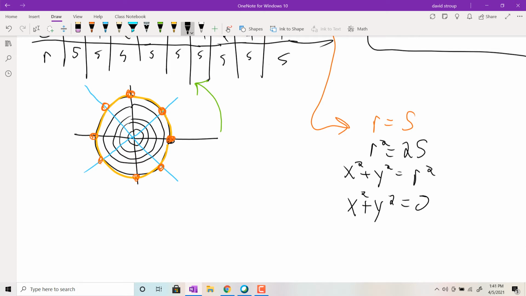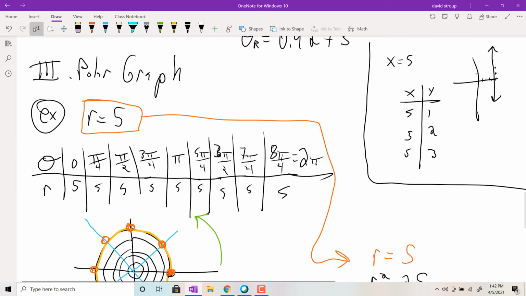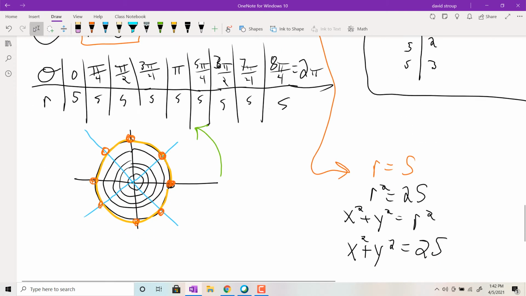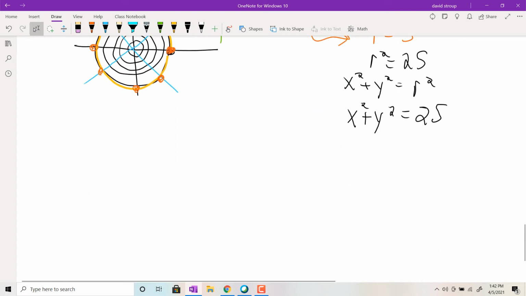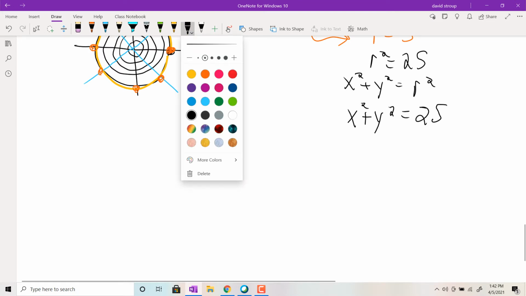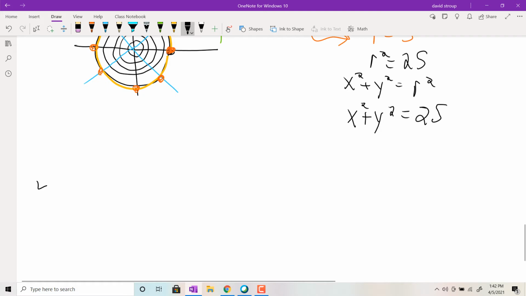Okay. So anyways, there are a lot of different ways to do it, but this very important curve here is the circle, r equals whatever. Okay, let's look at the next set of circles. These are circles not centered at 0, 0, so not at the origin.